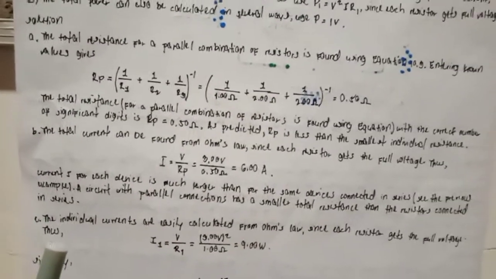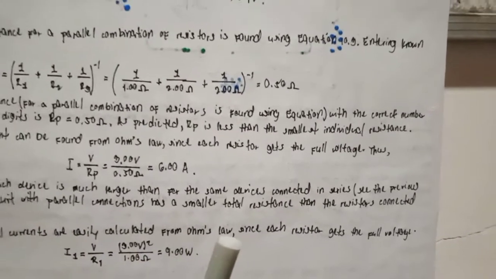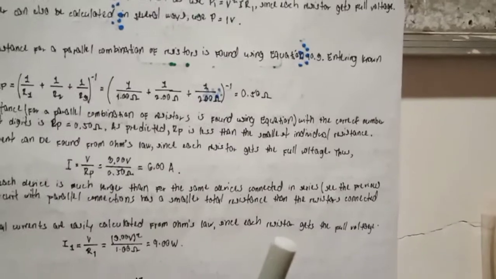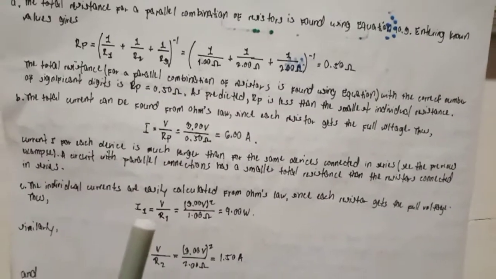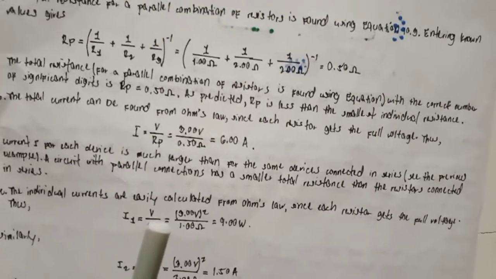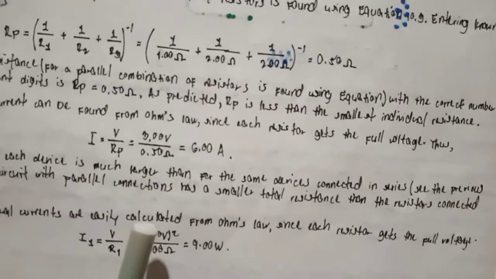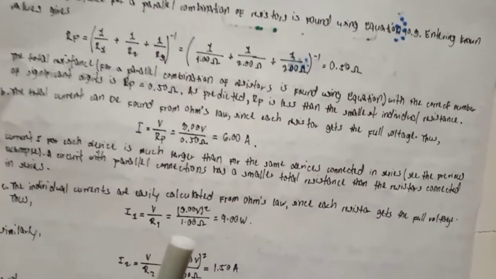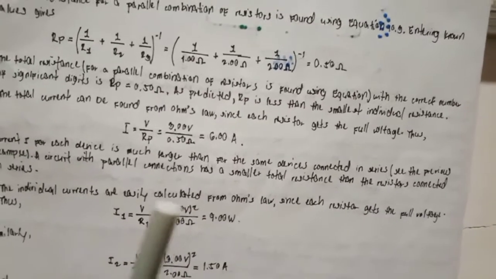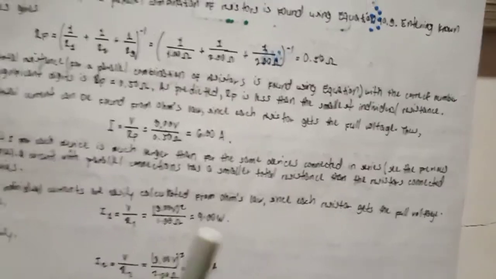C. The individual currents are easily calculated from Ohm's law since each resistor gets the full voltage. Thus, P sub 1 is equal to V squared over R sub 1 is equal to 3 volts squared over 1 ohm. So we are going to substitute, then this is the answer, 9 watts.